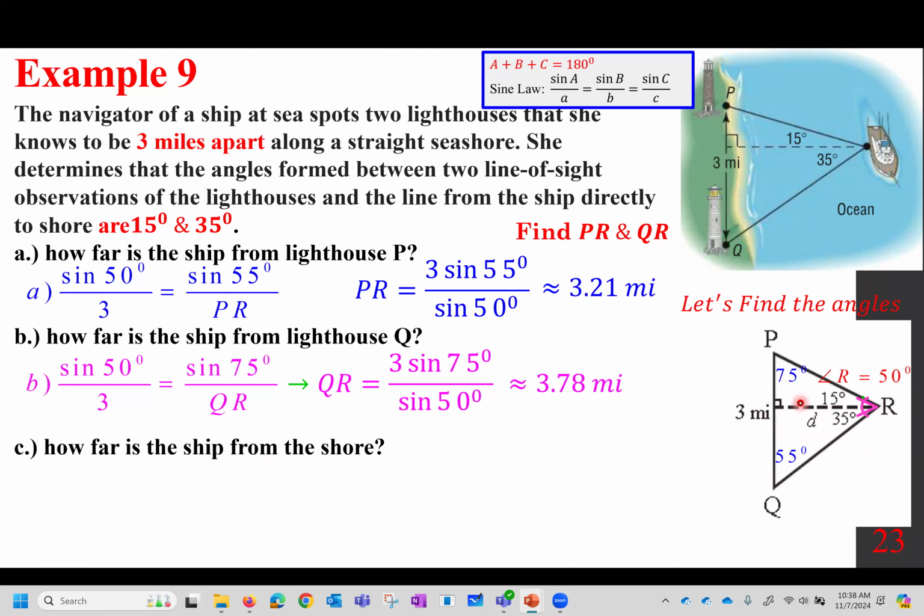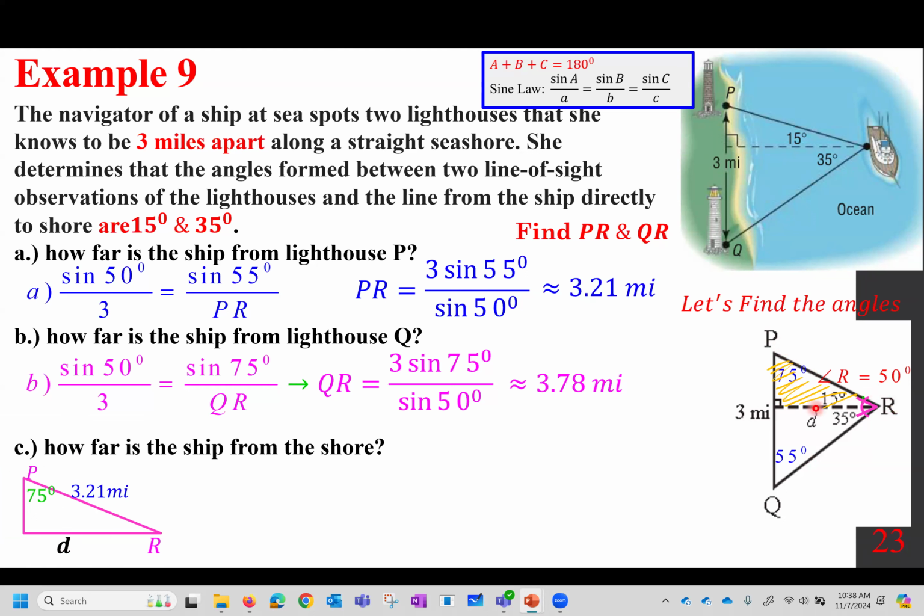So we draw one of these, half of them. Let's say the top one or the bottom one, makes no difference. If you draw this top one, let's say, this is the distance D, this is P, this is R. This angle is 75 degrees, and this distance we showed PR to be 3.21 miles.